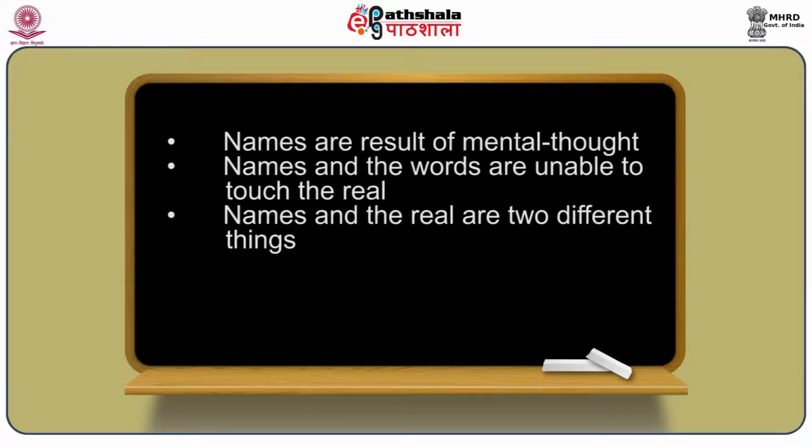He says that names are the result of mental thought and vice versa. The names and words are unable to touch the real. The names and the real are two different things for Dignaga, or we can say for any Buddhist scholar. The name cannot express the real.